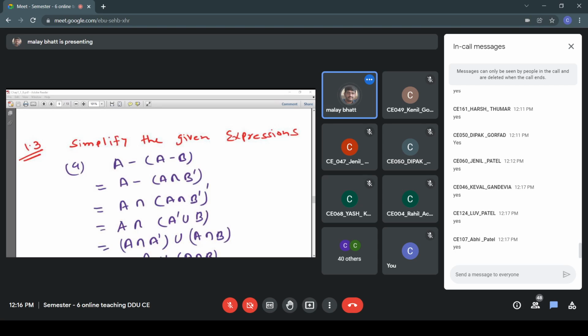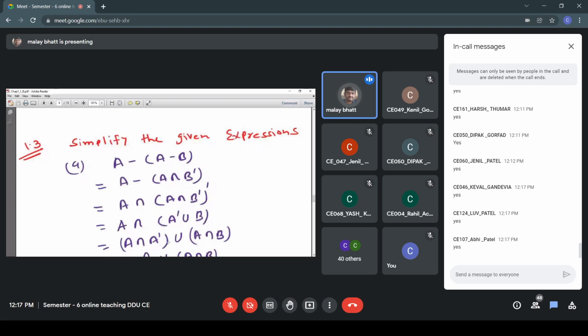That gives us A dash union B as per the rules we have seen previously. Now it is the distributive law. Here we have intersection and union signs, so we will write A intersection A dash, union A intersection B. That is how we are getting this.